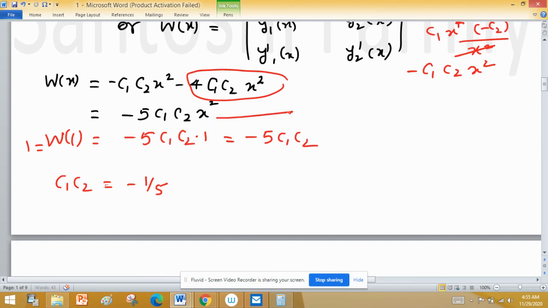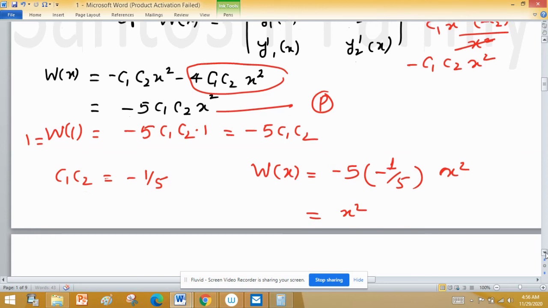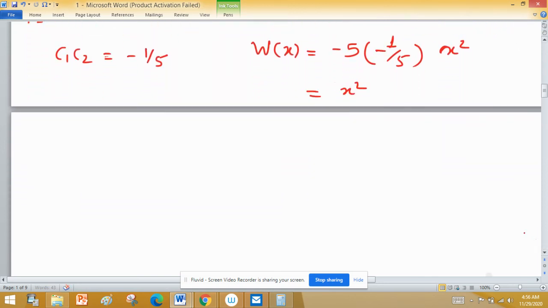Use this value in the Wronskian function W. It means W(x) is −5 times (−1/5) x², which is x². Now the Wronskian function we have found out: W(x) is equal to x².